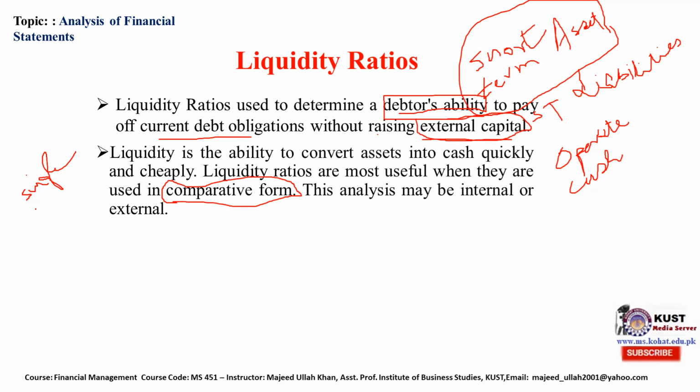We will compare its liquidity ratios with other competitive firms like Lucky Cement or any other cement company of the same size operating in the same working environment. So this analysis may be for internal or external use. We will also consider other factors as well. We may also compare the liquidity ratio of a single company with the industry averages.